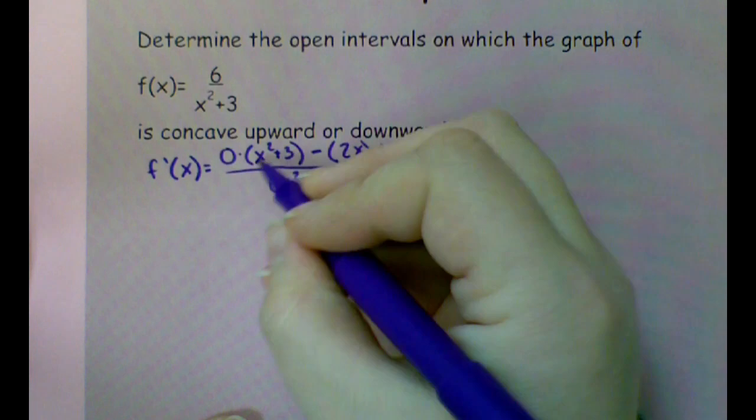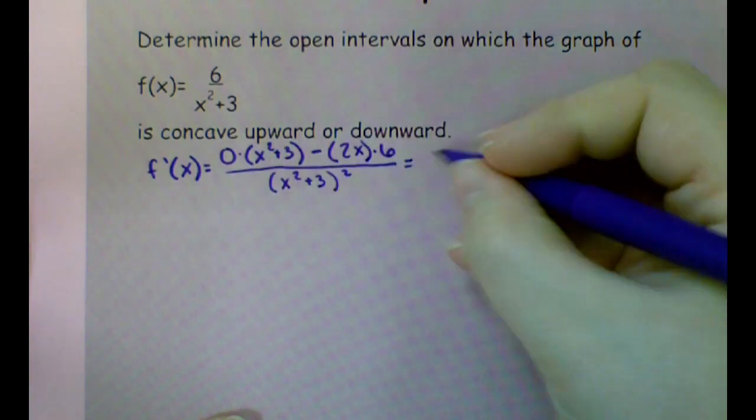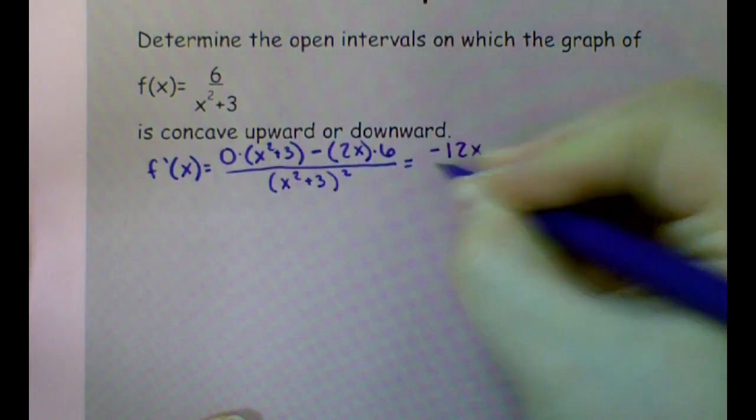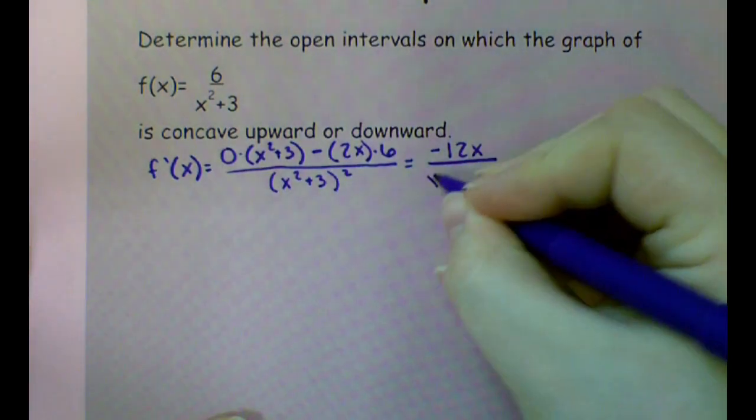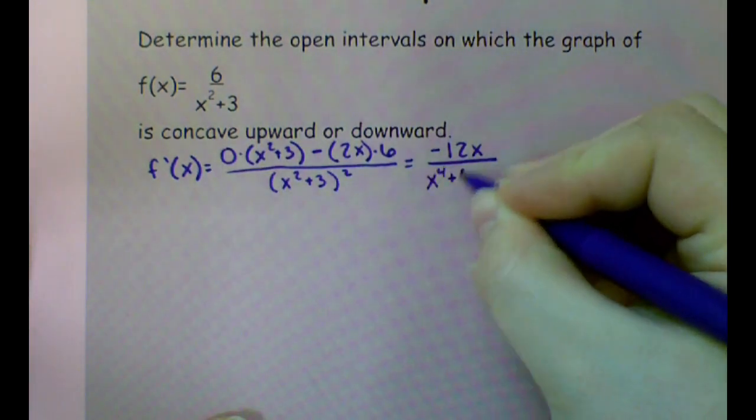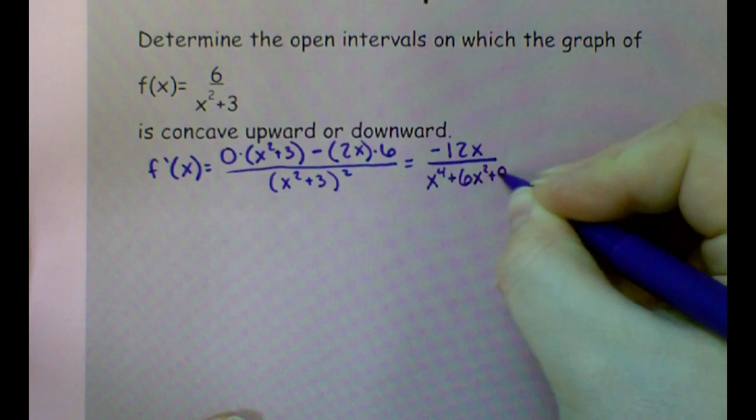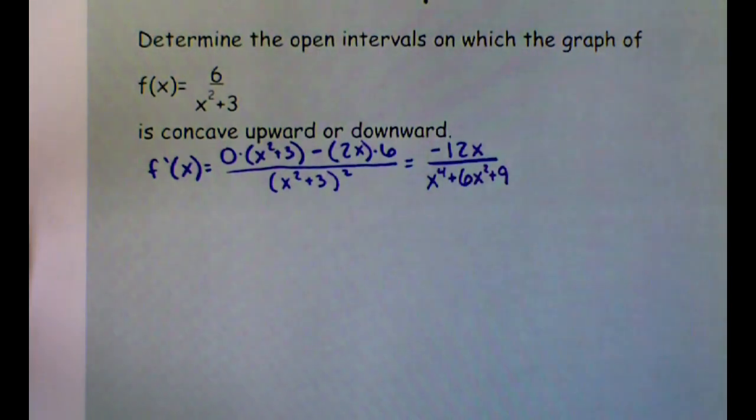And when I multiply this all out, I get 0 minus 2x times 6 makes negative 12x. And I would actually multiply out the denominator now: x to the 4th power plus 6x squared plus 9. All right, there's my first derivative.